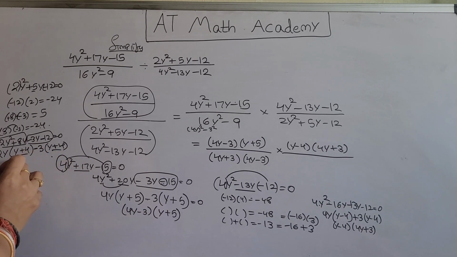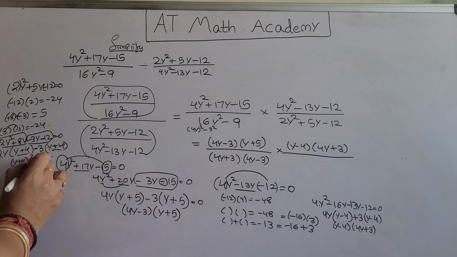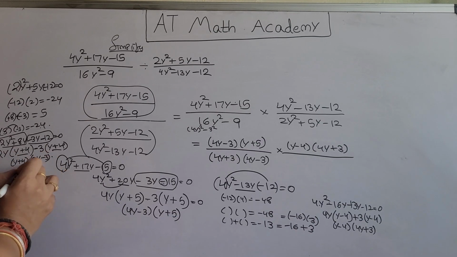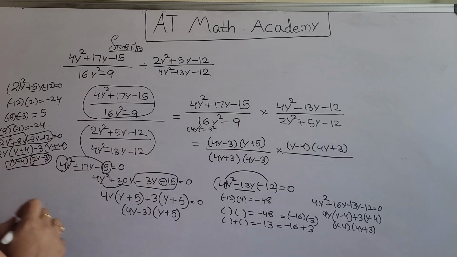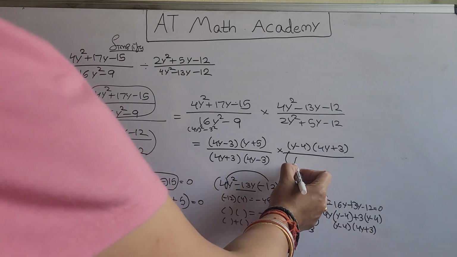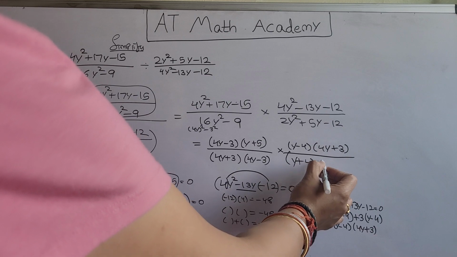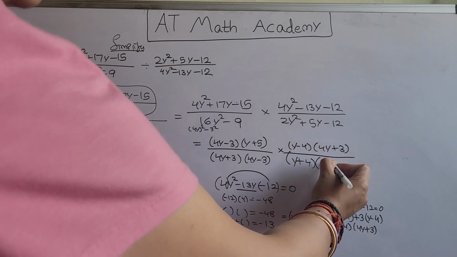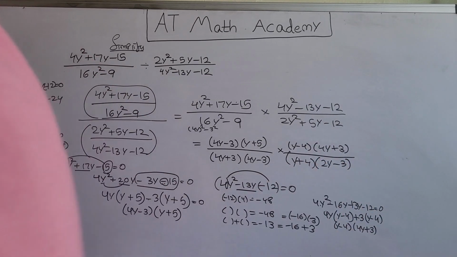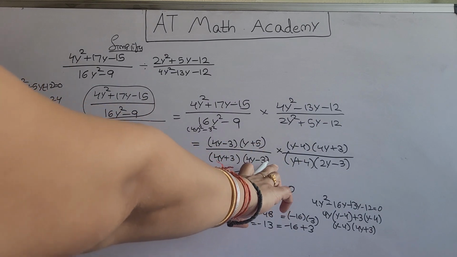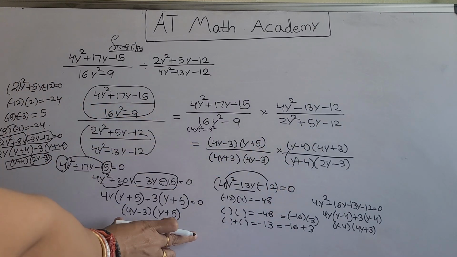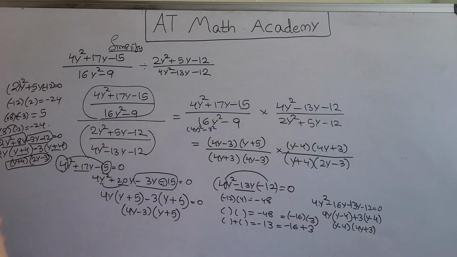We have y plus 4 common in both of these terms, and I'm left with 2y minus 3. So this quadratic expression can be written as y plus 4 into 2y minus 3. The expression can be written like this after finding the roots for each of these quadratic expressions.